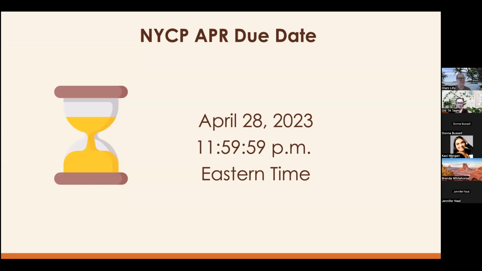A lot of us do not live in the Eastern time zone, but we do need to make sure we are noting that, because it doesn't matter if I am at 11:59 p.m. in Hawaii time, I have missed that due date by 6 hours. So I really want to make sure that you are logging that in and keeping that in mind.